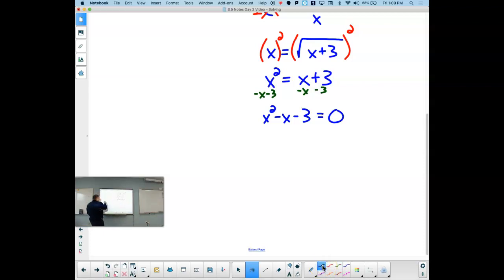Quadratic formula, again, is x is equal to the opposite of b plus or minus the square root of b squared minus 4ac all over 2a.